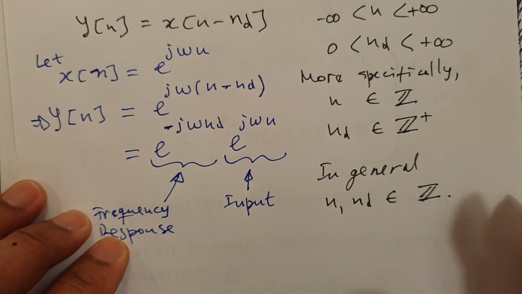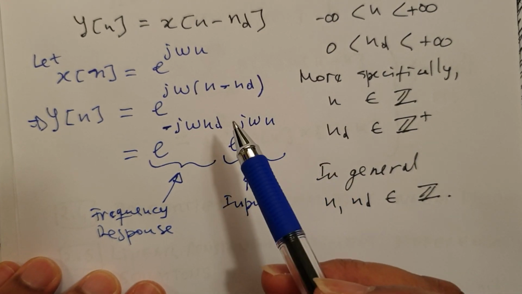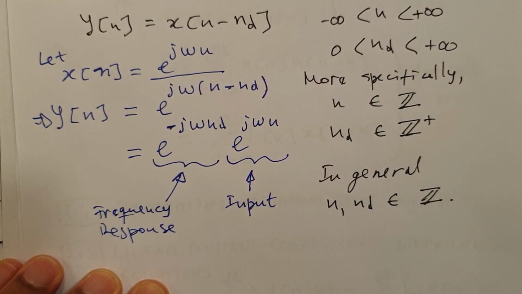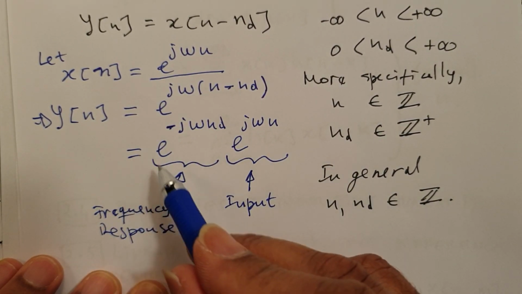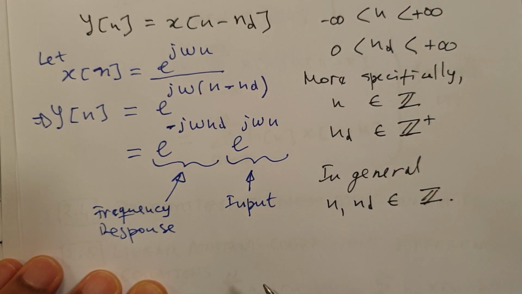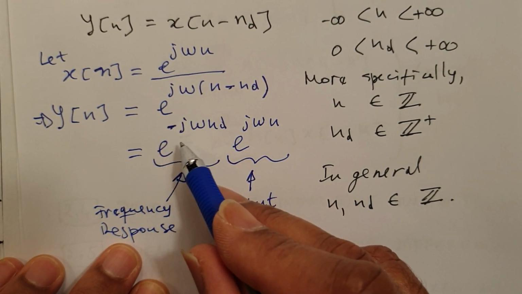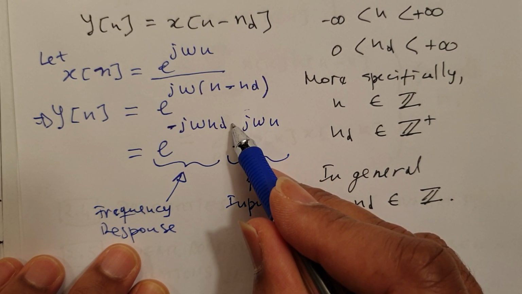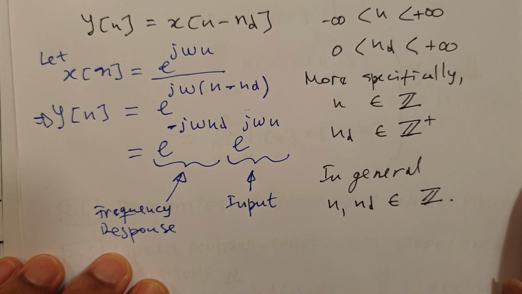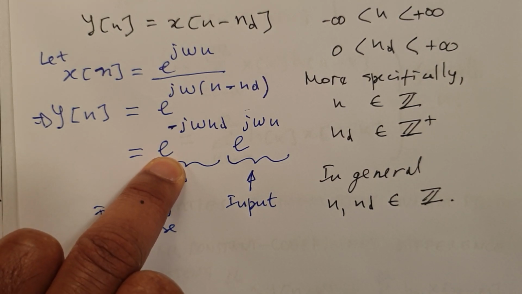And we can also see the interesting fact that when we have any input of this form, a complex exponential, and it goes through this class of systems that we will be discussing, which must be linear and time invariant, the output is a version of our original input signal, but scaled by a factor.